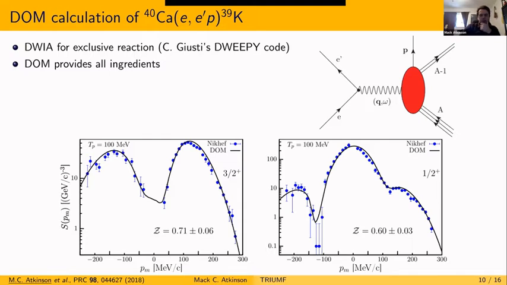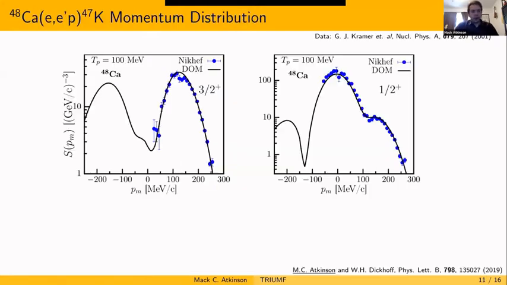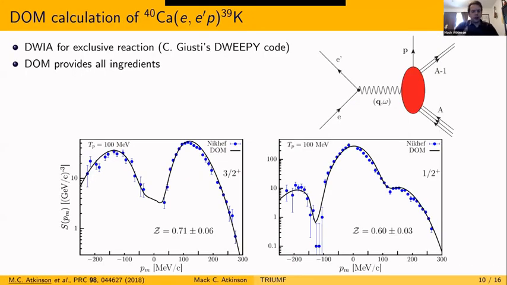And I want to emphasize here that these data were not involved in the DOM fit. The only data involved in the DOM fit were what I showed in the previous slides. So this is coming directly from this self energy that we found fitting the data that I showed previously. Okay, so the same calculation can be done. I guess I need to also point out that this spectroscopic factor comes directly from the DOM self energy.